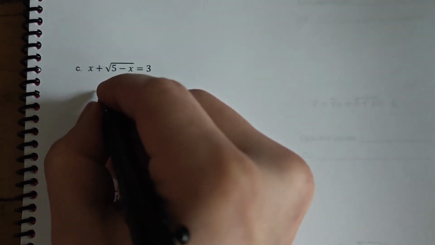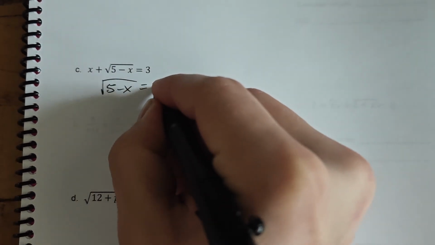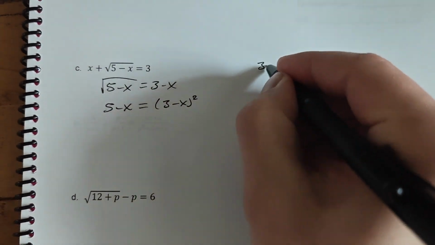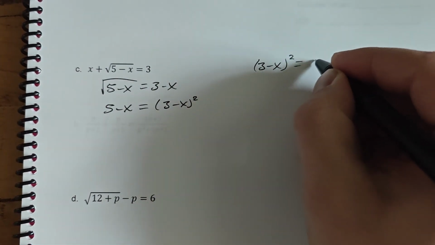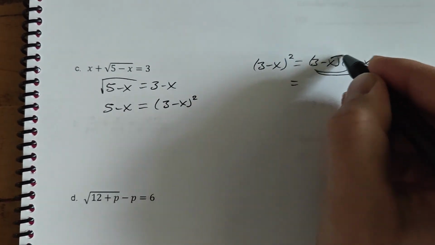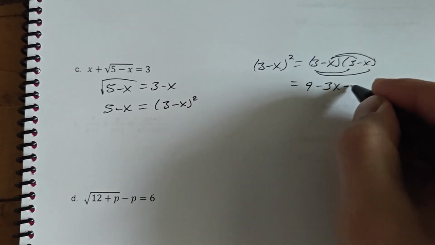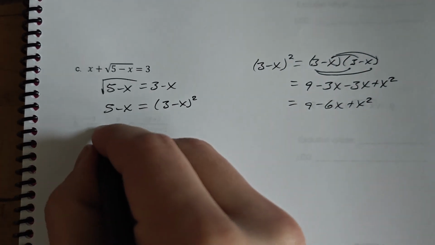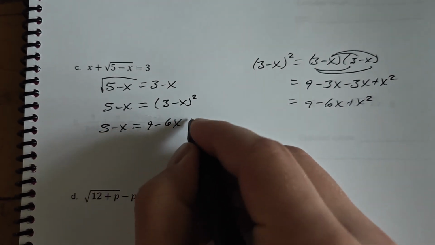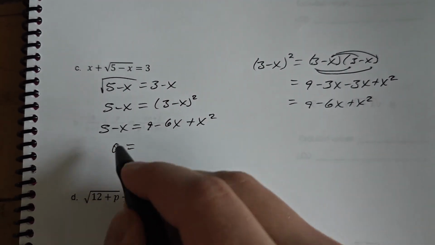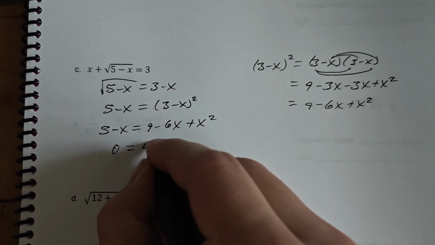I'll just work through a few more examples here. Isolate the root. Square it. Get everything onto one side of the equation. 9 minus 5 is 4.